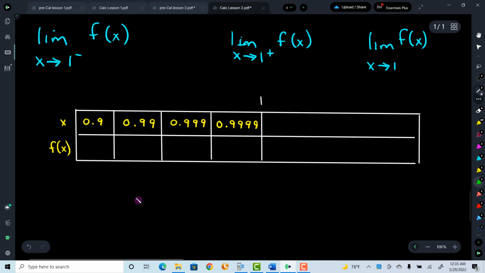So then on the other side, let's go real close to 1: 1.0001, and then we'll go 1.001, 1.01, and 1.1.